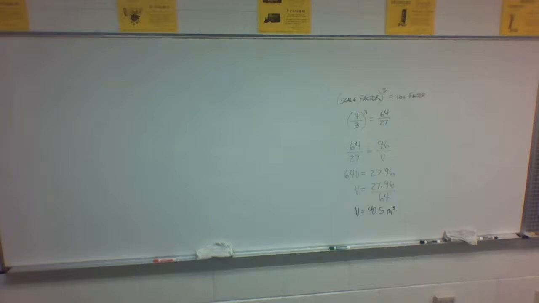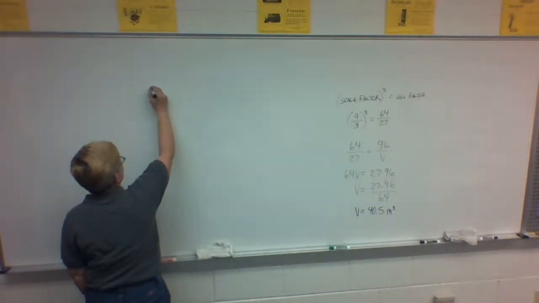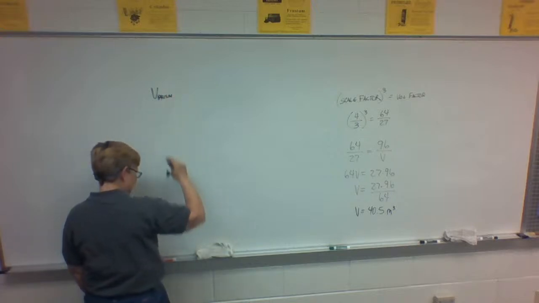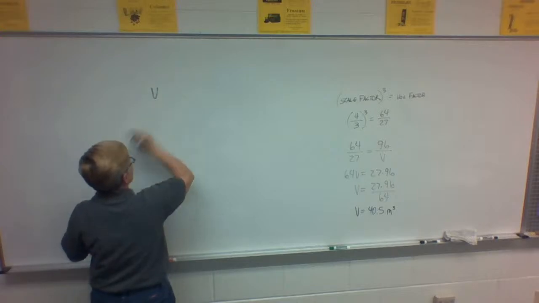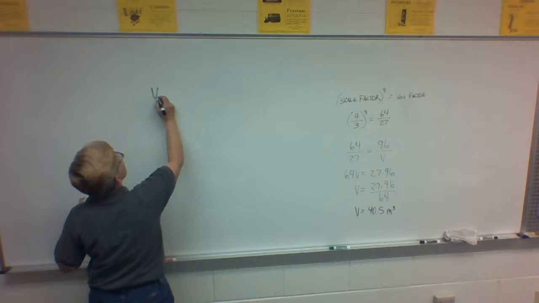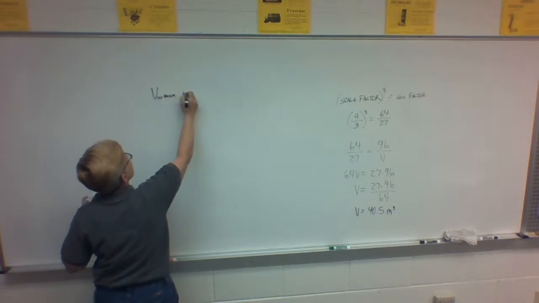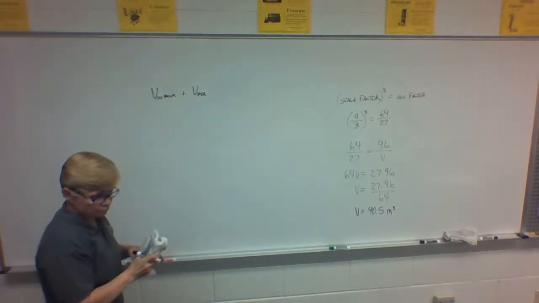So what we've got is a prism. The volume of a square prism added to the volume of a pyramid, right?